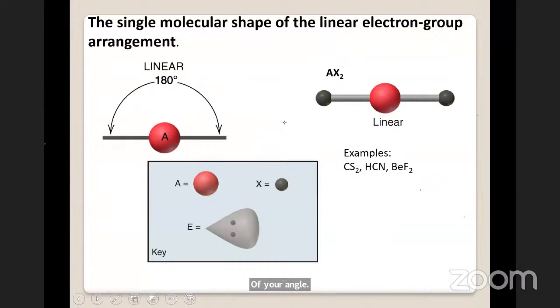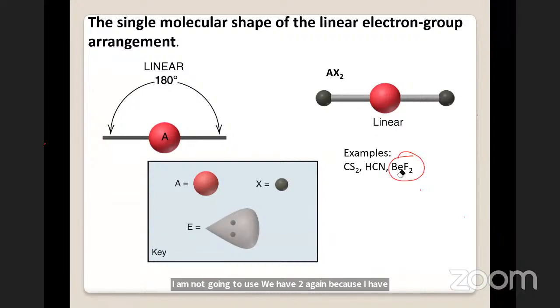From here to the end of the class, I'm going to show you specific examples of molecules with their shapes and what happens with them. Now, you have linear molecules, and these are examples of linear molecules. I am not going to use BF2 again because I have used it to explain before now.